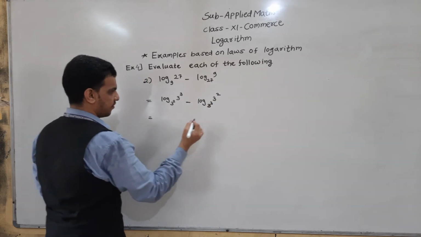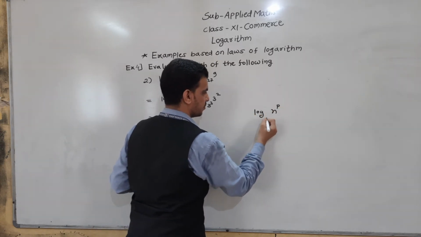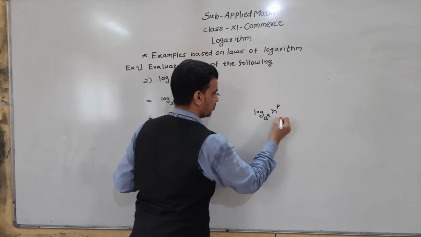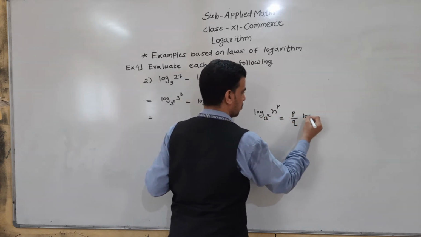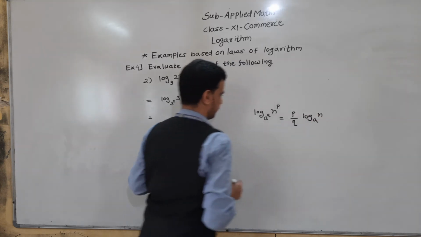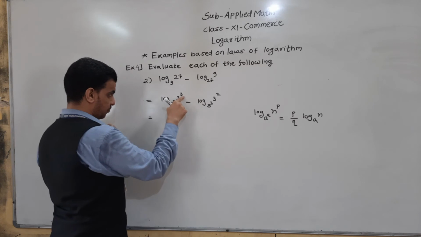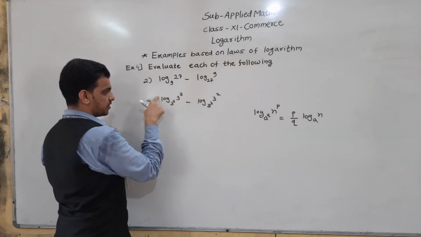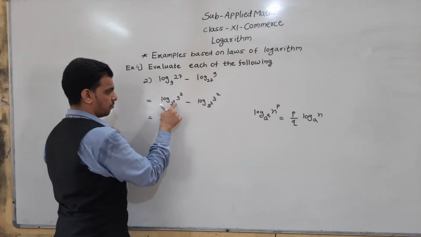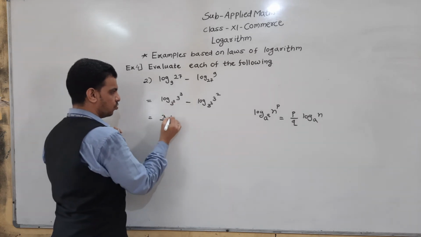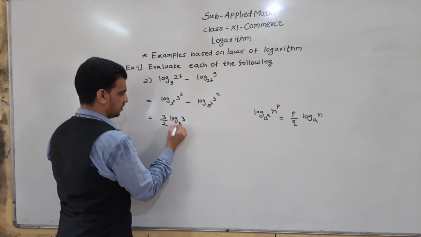Okay, so now we have this: log of n raised to p to the base a raised to q, then we can write p by q into log n to the base a. So same law we have to use for this log of 3 cube. So power of argument becomes numerator, so 3, power of base becomes denominator 2, log 3 to the base 3.